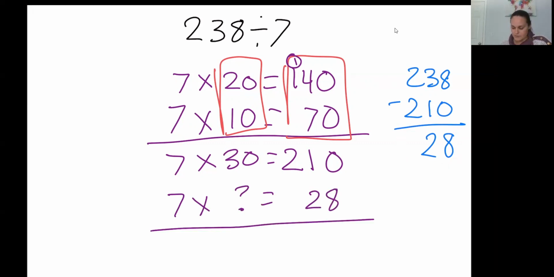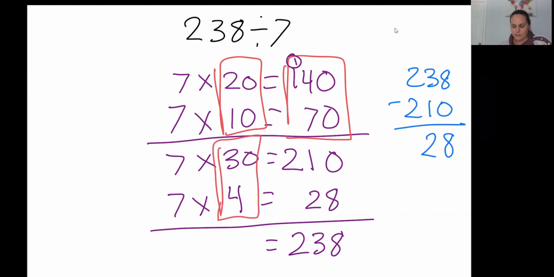Because when I put these together, this is going to give me my 238. But I want to find out what this is. So for those of you that know your math facts, 7 times what gives me 28? You're correct, it's 4. So I would put my 4 in there, and now all I have to do is count up these.